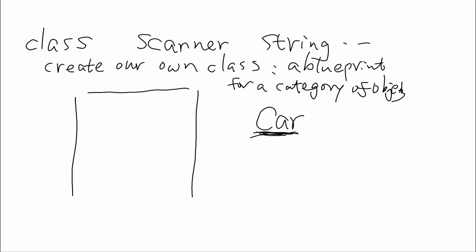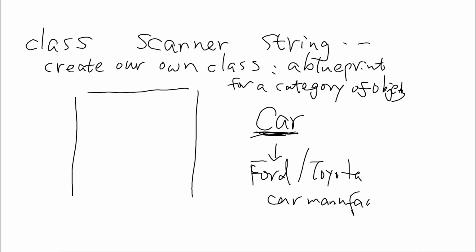So basically this describes some general characteristics of this moving machine. So car is a definition. And then Ford is a car manufacturer, and Toyota, they are car manufacturers, and they produce cars.